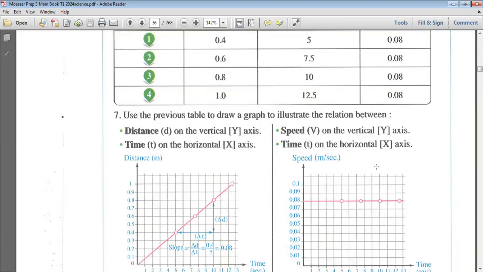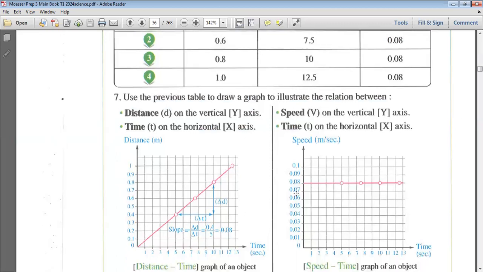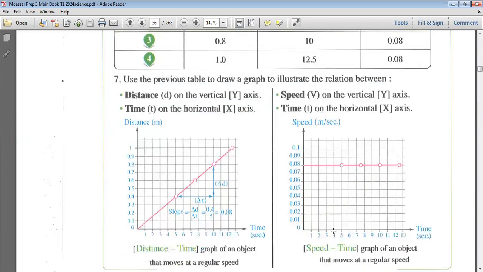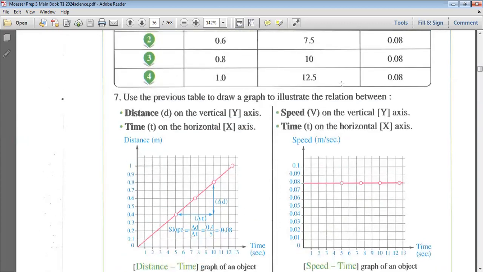So let's try to make a graph called speed time graph for a moving body with a regular speed. What appears in the speed time graph? At 5 seconds the speed was 0.8, then at 7.5 the speed was also 0.8. When the time is 10 seconds the speed is 0.8, and when the time is 12.5 seconds the speed is 0.8.